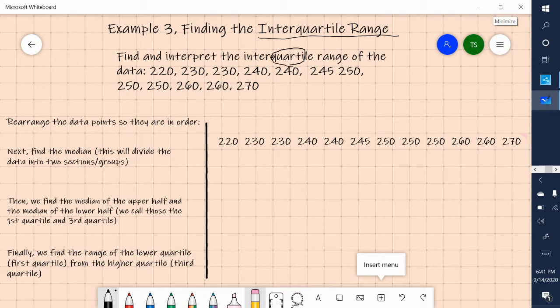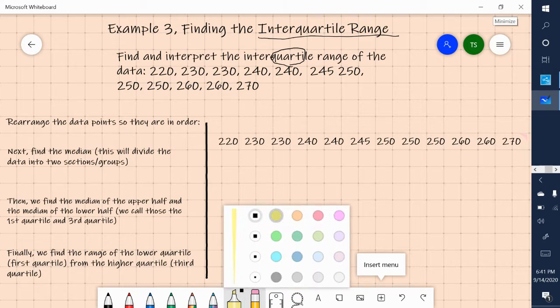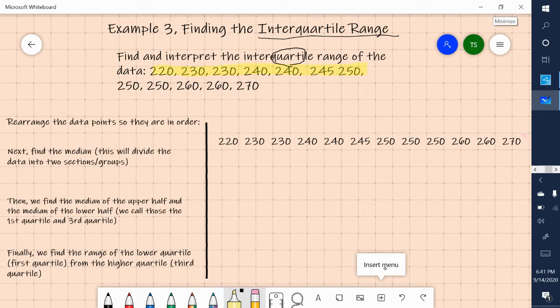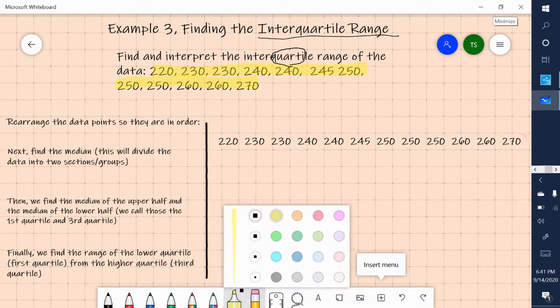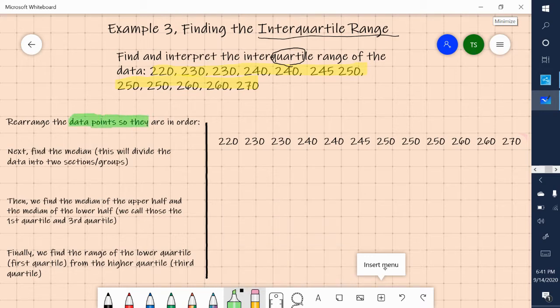You see we have a data set here that doesn't appear to be in any kind of order, so we're going to put it in order. That is our first step.